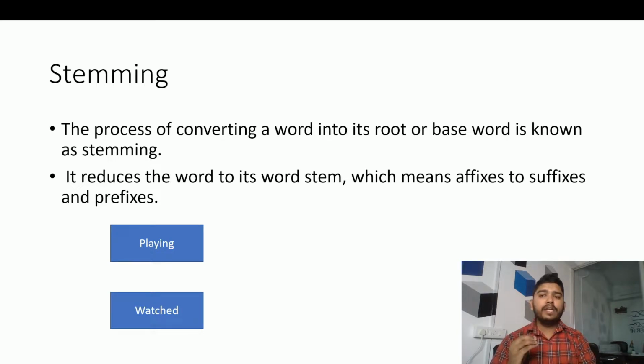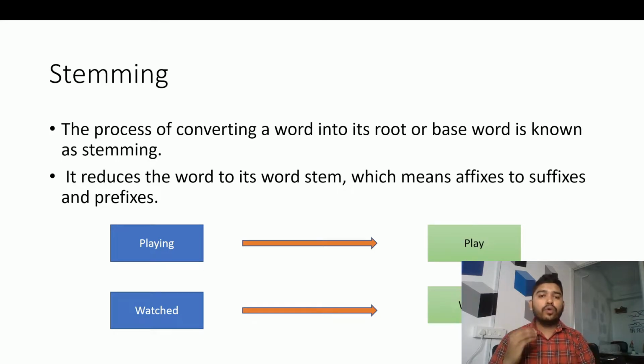We want to convert these words into their root words. The root word of playing is play and the root or base word of watch is watch. So basically, stemming converts a word into its root or base word.